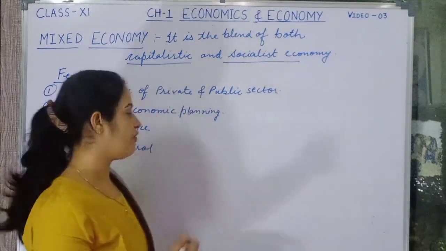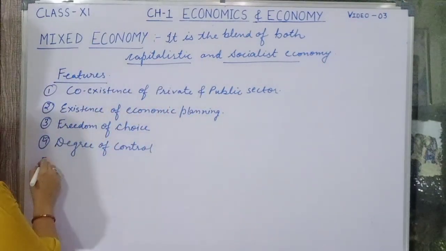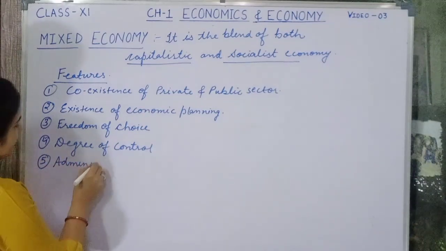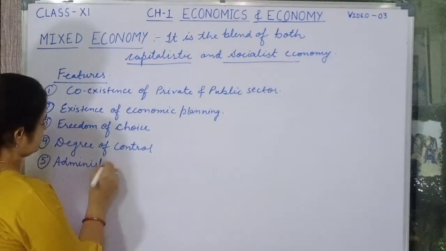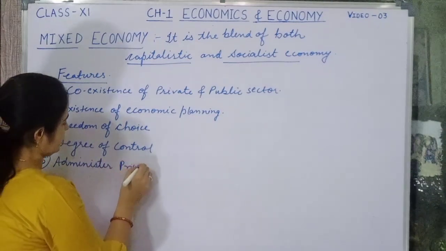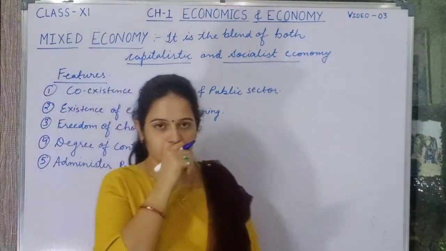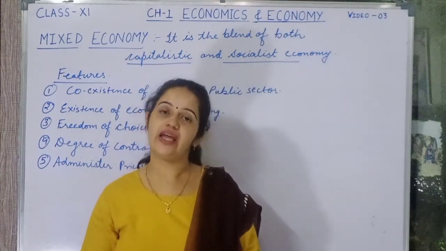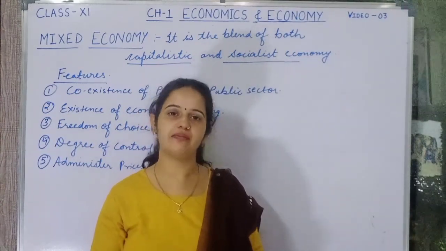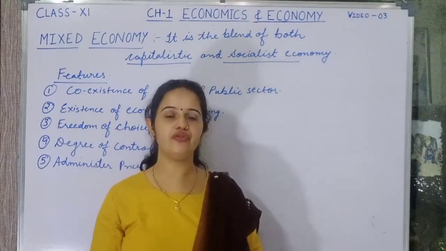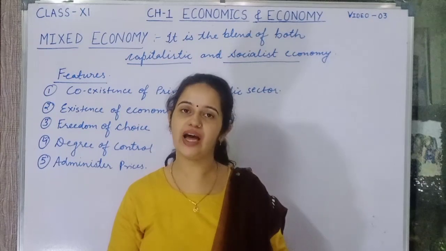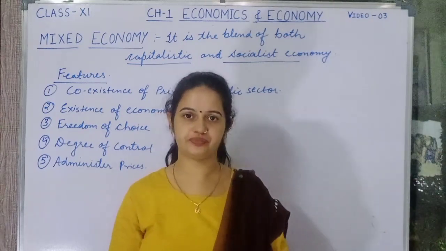Last feature of mixed economy is administered prices. Here the prices are determined by the government as well as the market forces. Therefore, the prices are administered. It is governed by a dual price mechanism.